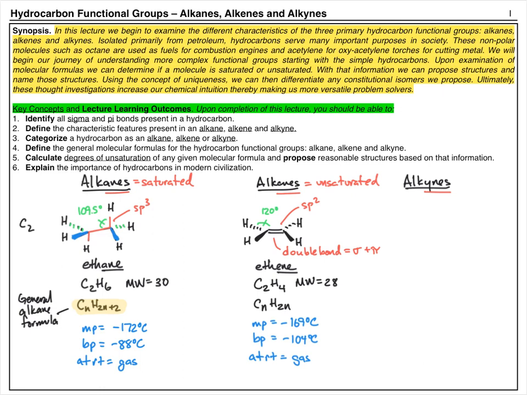Alkynes are also unsaturated. So again, one of the things I really want to point out and make you cognizant of is the general functional group name has characteristics present in it. So alkene, alkyne, there's unsaturation. And that's important for us when we're proposing structures for unknowns.